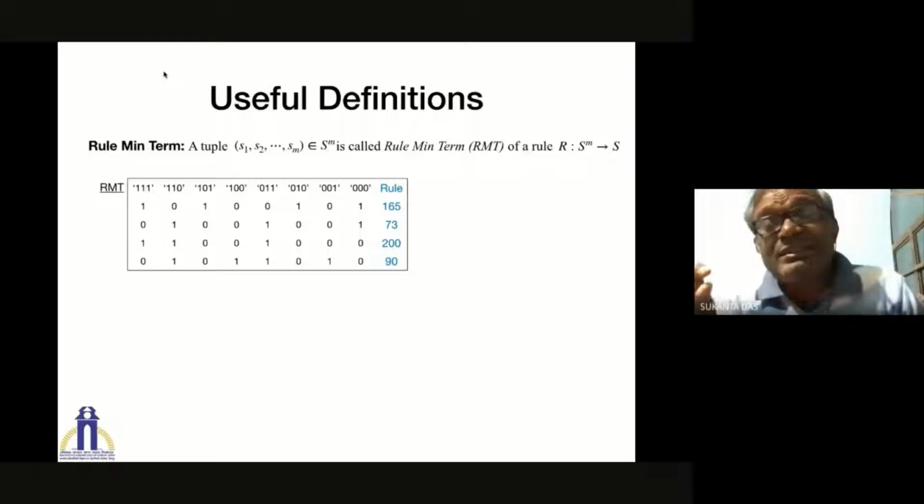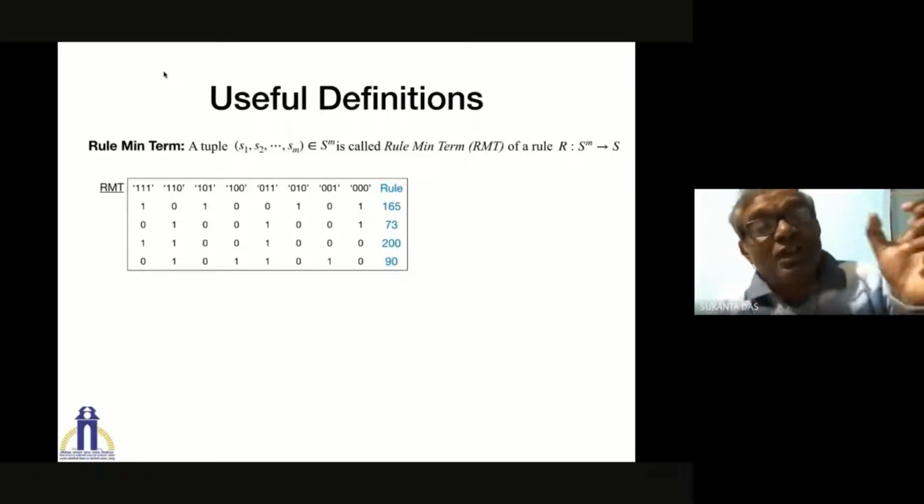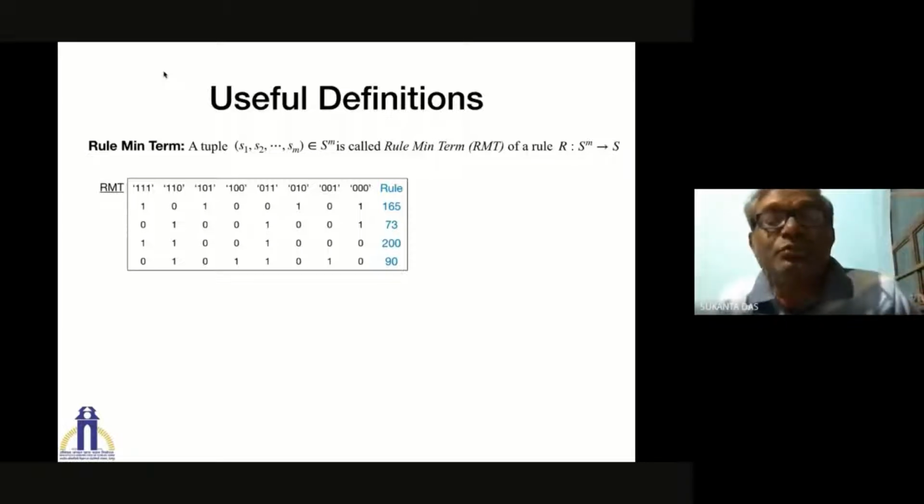Now, since these minterms are associated with a rule, this is termed as rule minterm. The term RMT was initially developed for binary CAs, especially non-uniform ECAs. However, now we have generalized it. So by rule minterm we mean, for an arbitrary CA, for a D-state CA, the element of a domain, which is called rule minterm.